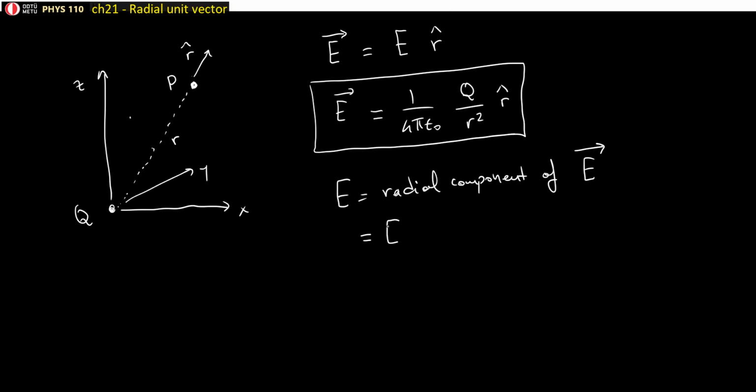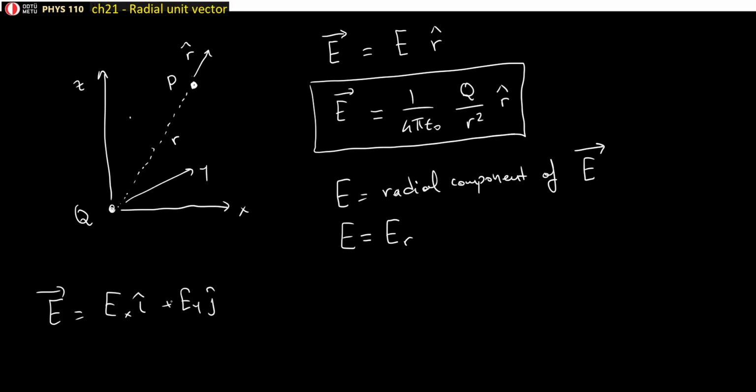Because of this, sometimes we also write down the subscript r in here. Instead of writing E, we just say E_r to stress the fact that this is the radial component.